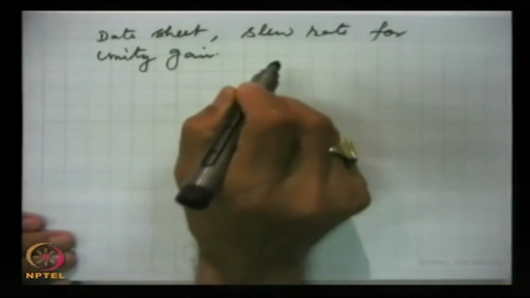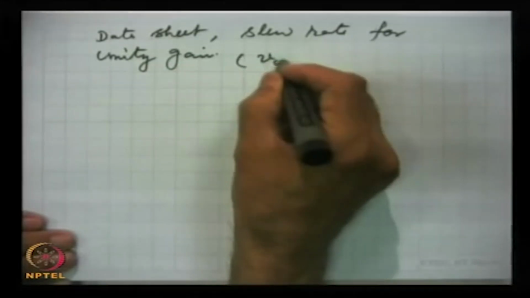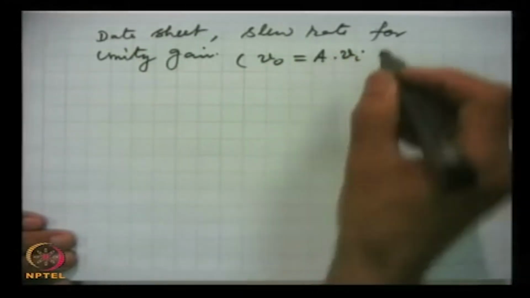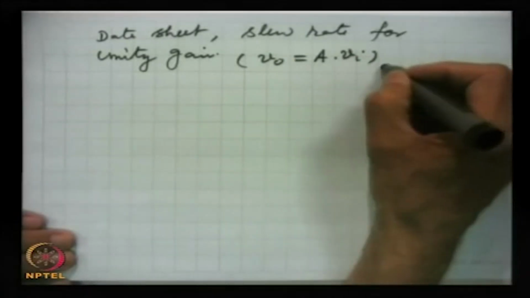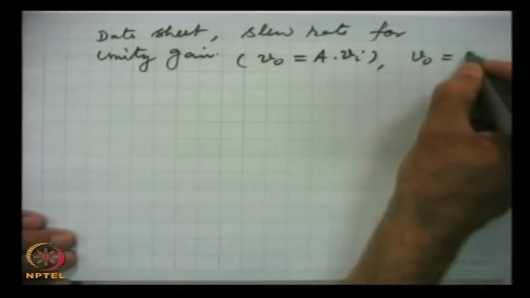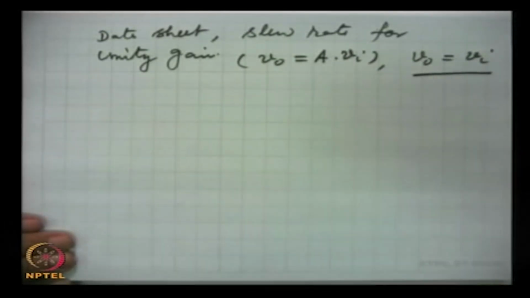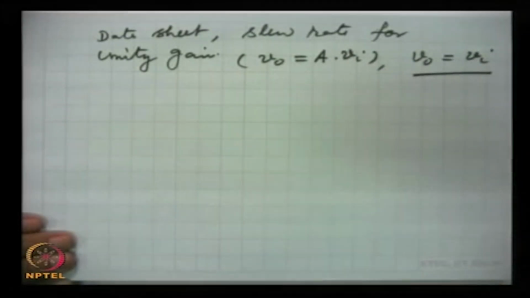By unity gain, V0 is gain into Vi, and if gain is unity, then V0 is Vi. For this, the data sheets give slew rate.